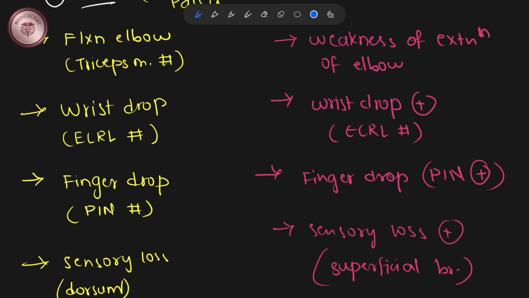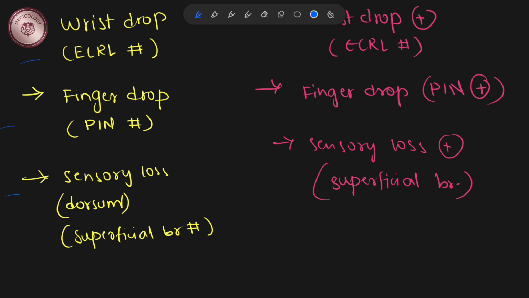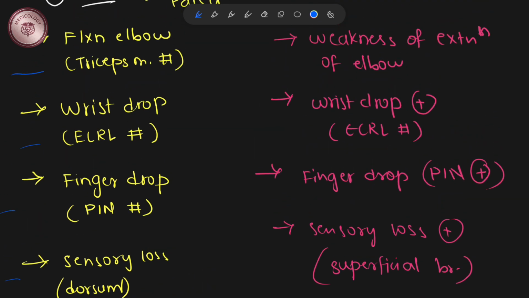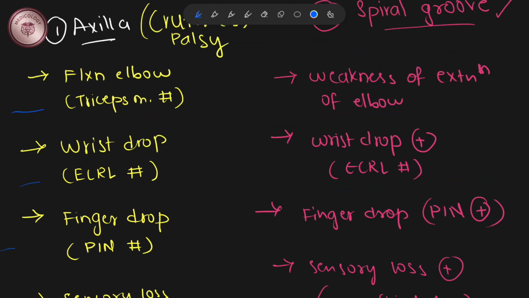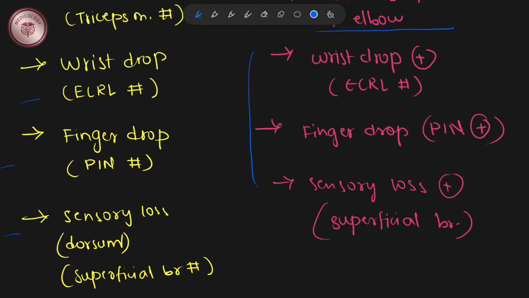In these two, the elbow will be flexed. There will be wrist drop, finger drop, sensory loss, everything is seen here. And here the extension muscle is spared at the elbow, so there will be a little flexion of the elbow. Other things are the same as in the axillary region.